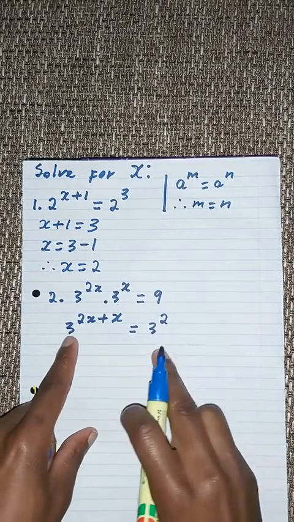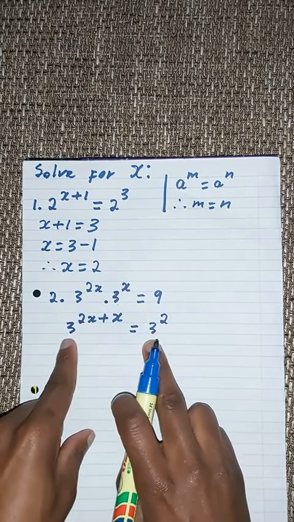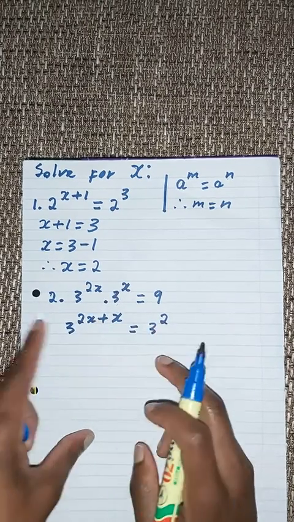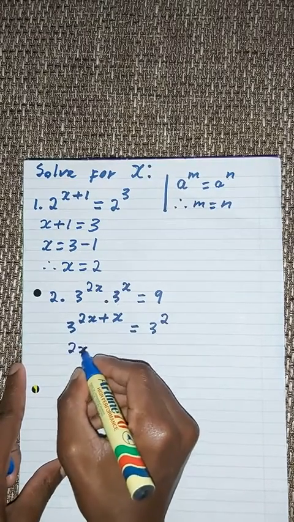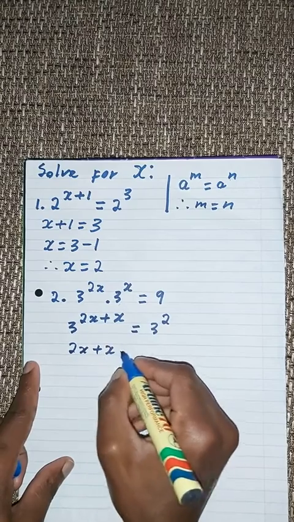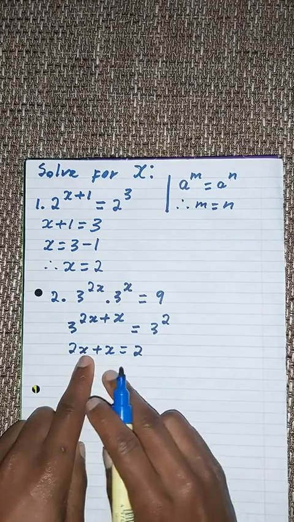Now that we are here, it means we need to apply this, because I have on either side of my equation bases that are the same. It means I will make the exponents of these bases to be equal to each other, right? So what I will have is 2x plus x is equal to 2. 2x and x are like terms, all right?